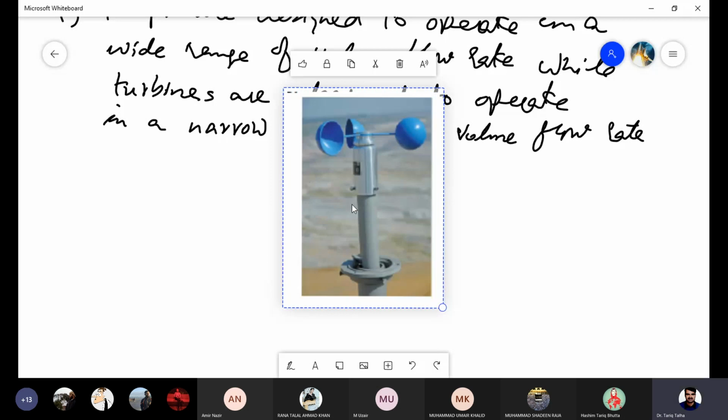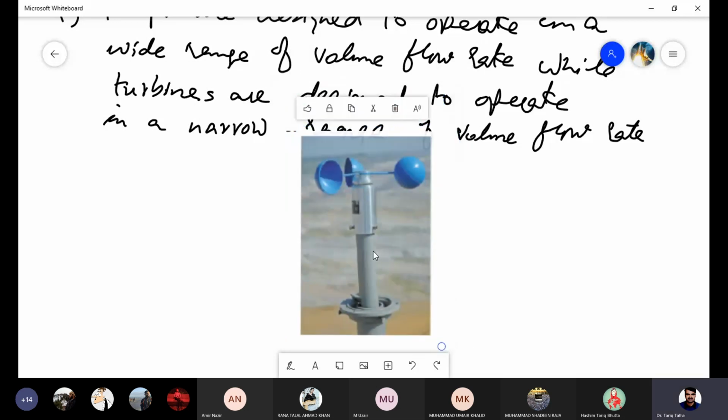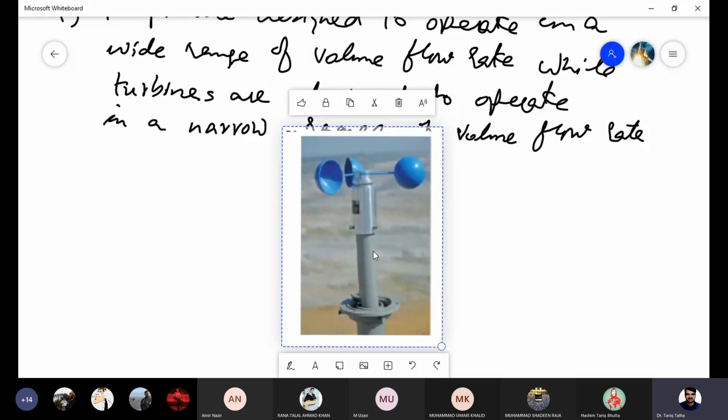If the wind is moving with higher speed, the rotation of the shaft which is attached to these three semi cups would be faster, and then we can measure the speed of the flow.